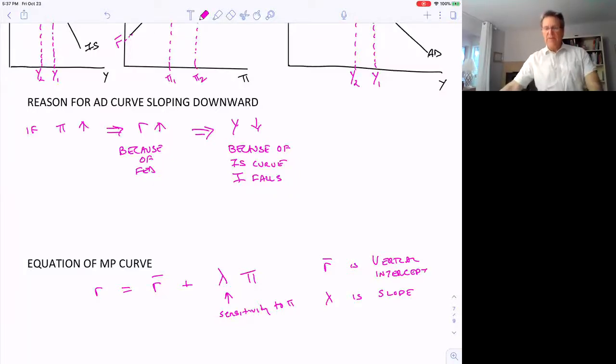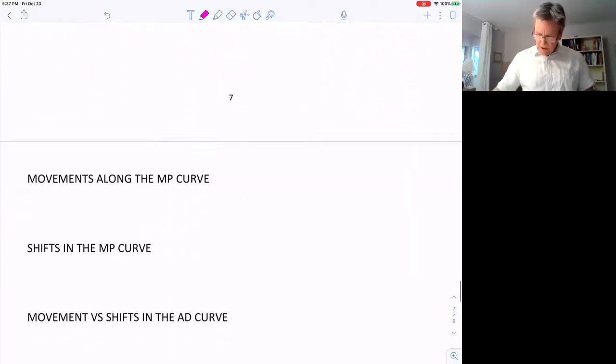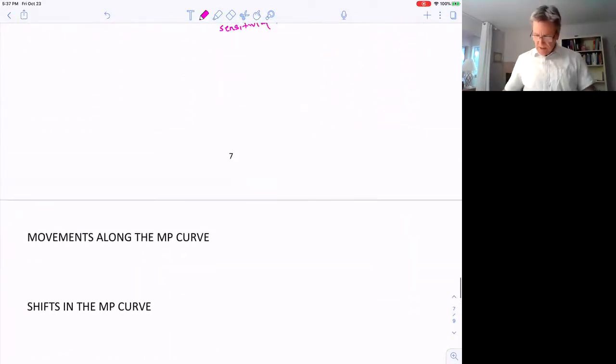So when the Fed is changing rates in this model, they're doing it for two reasons. One is because of inflation, and one is because of maximum sustainable output. One causes a movement and one causes a shift.